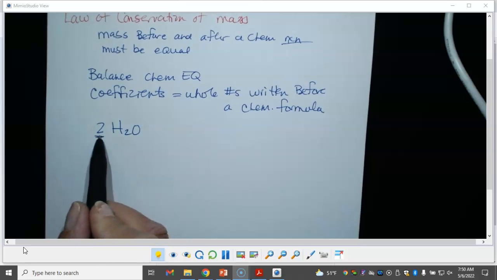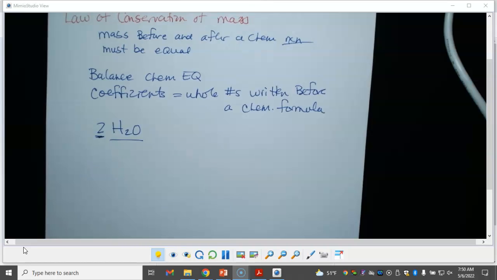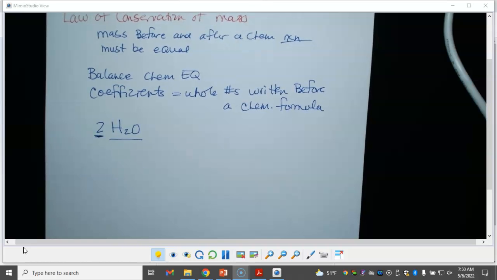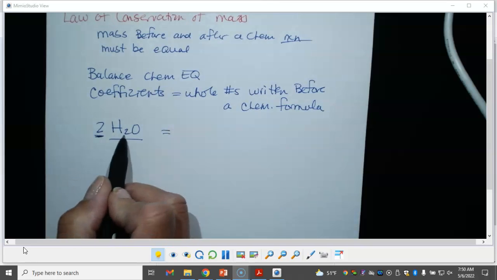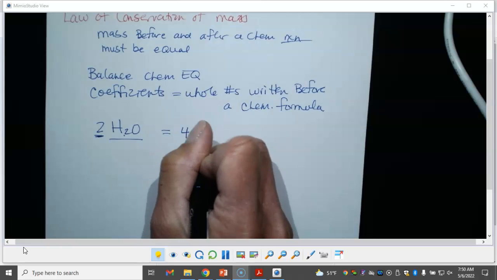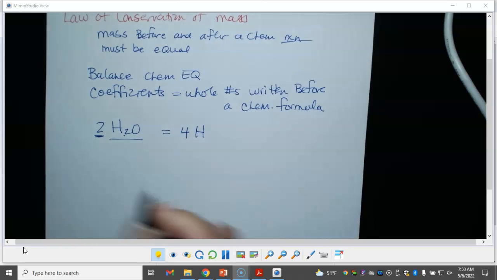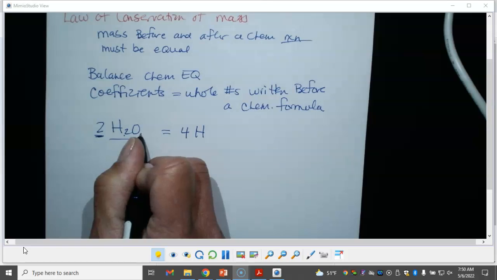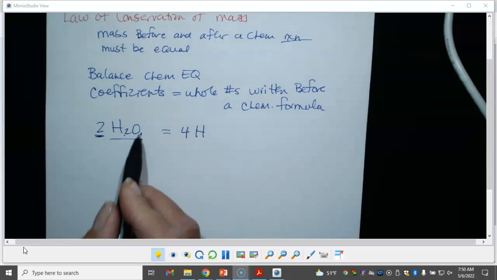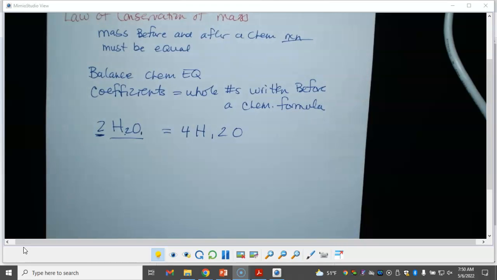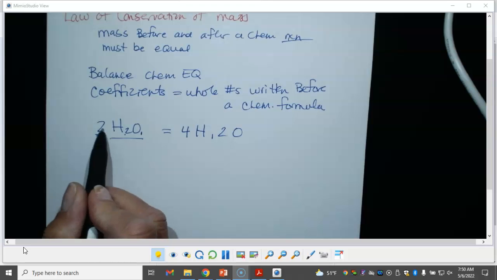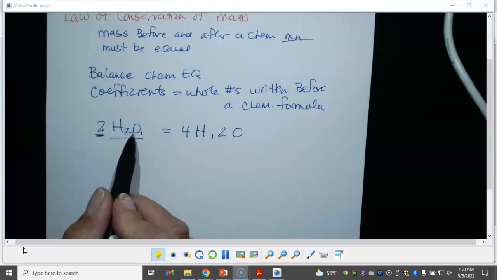This coefficient tells me I have 2 water molecules. This 2 would also tell me I have 2 times 2, I have 4 hydrogen atoms. 2 times, I have to pretend there's a 1 right here, 2 times 1 would tell me I have 2 oxygen atoms.